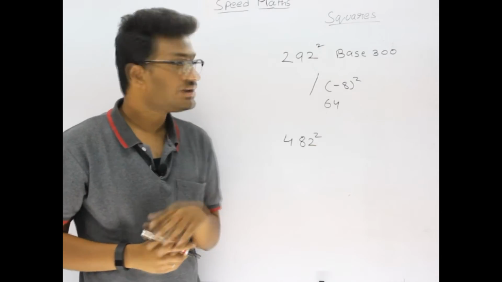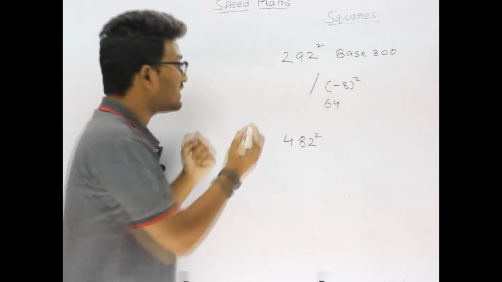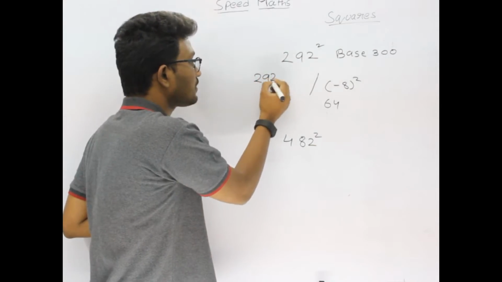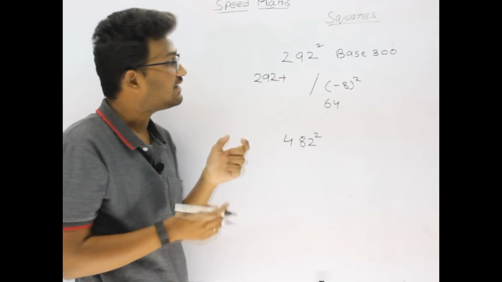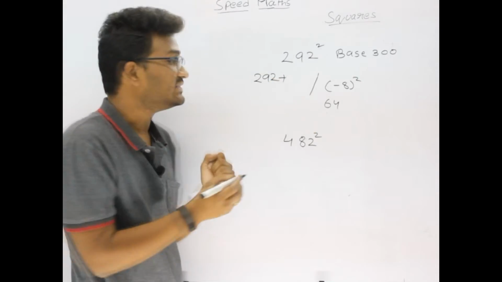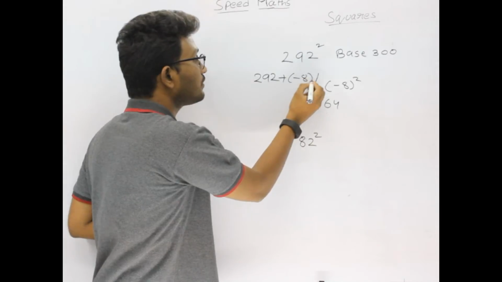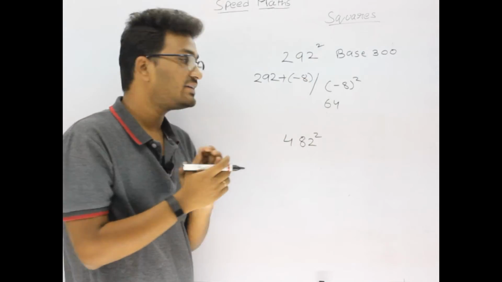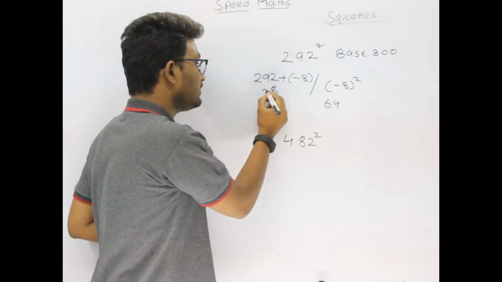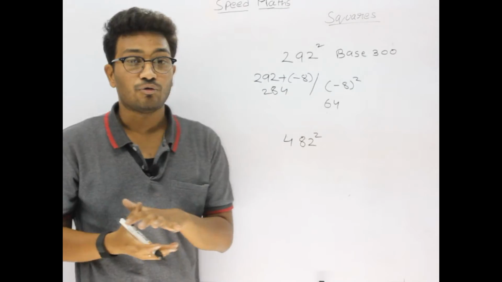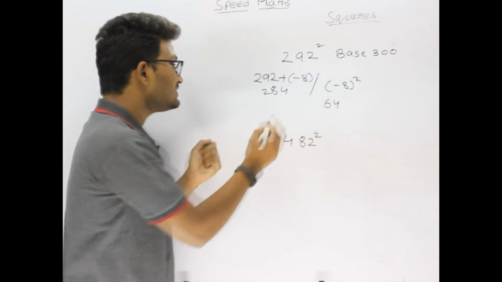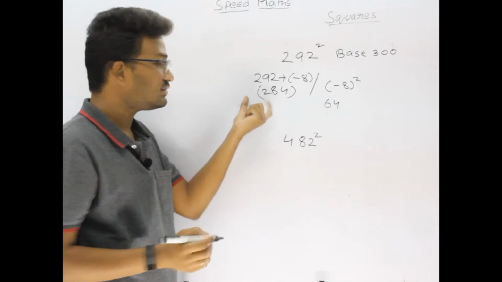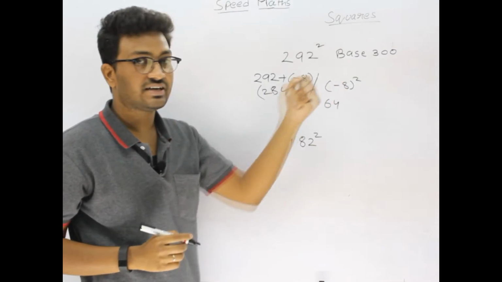Now part 1 will be 292, that is this number, plus the distance, and we know that the distance is minus 8. So 292 minus 8 is 284. And now we are not yet done. What we have to do is multiply this with the base, and base is 300.